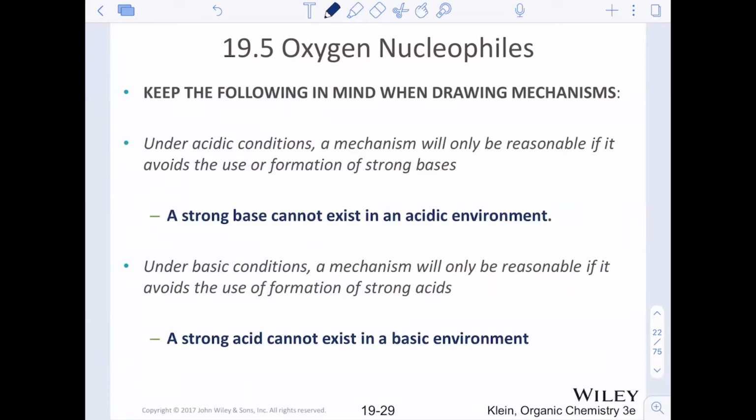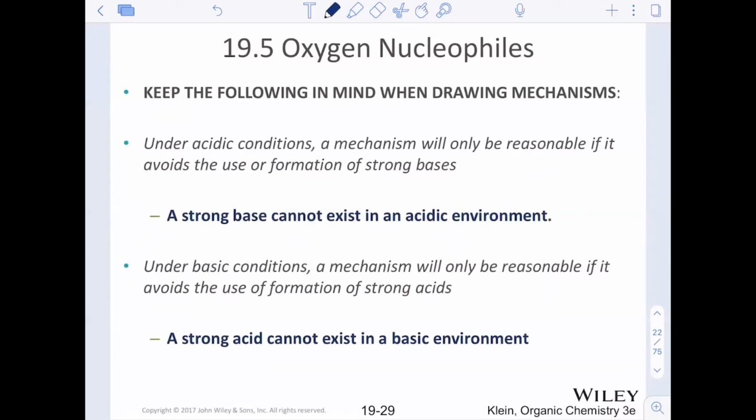Now, when drawing these mechanisms, it's really important to stop right now, go back and look at your mechanisms. Under acidic conditions, mechanisms will only be reasonable if they avoid the use or the formation of strong bases. So we should not see oxygen minuses. A strong base cannot exist in an acidic environment, and the exact opposite is true for basic conditions.